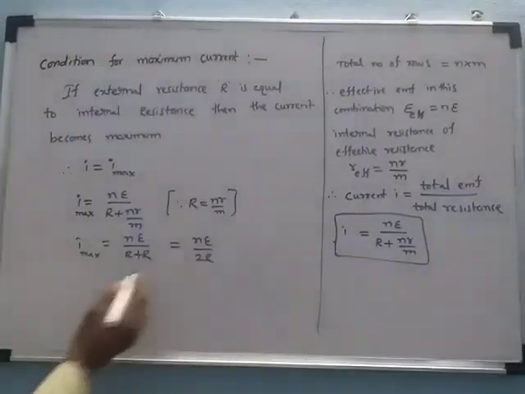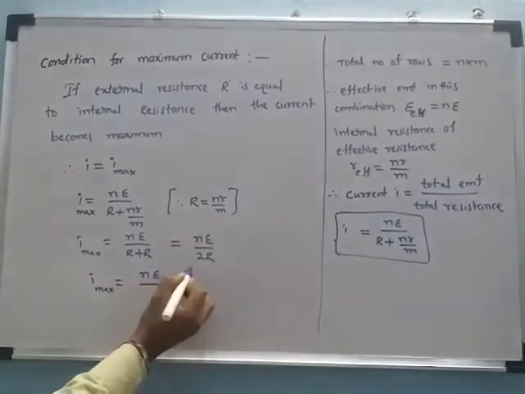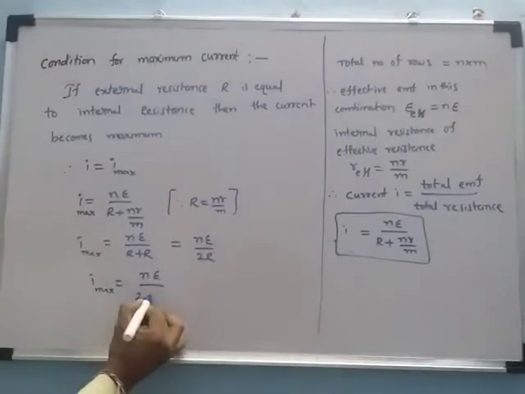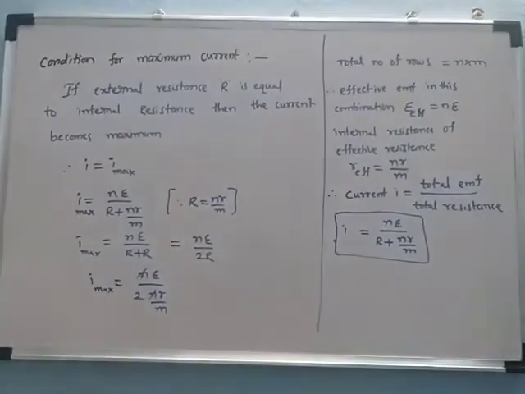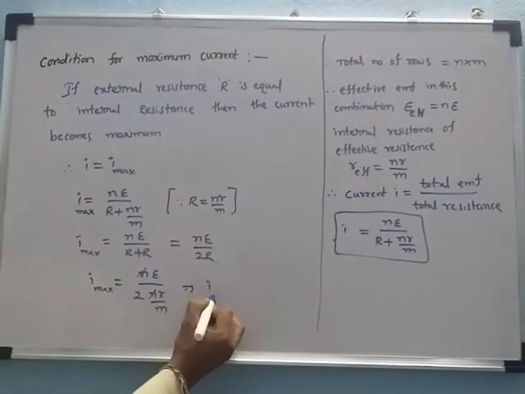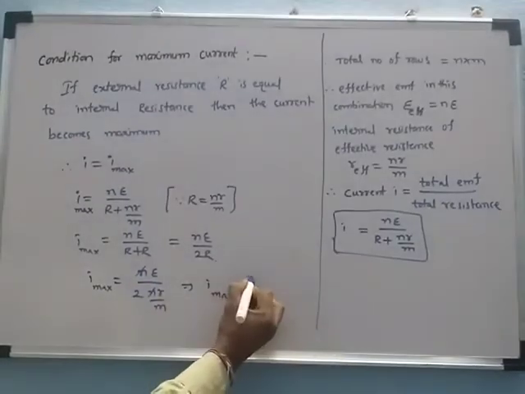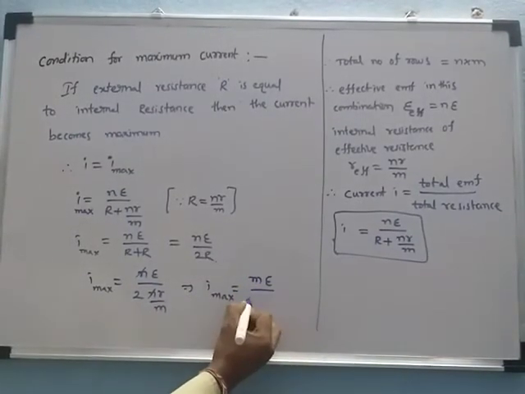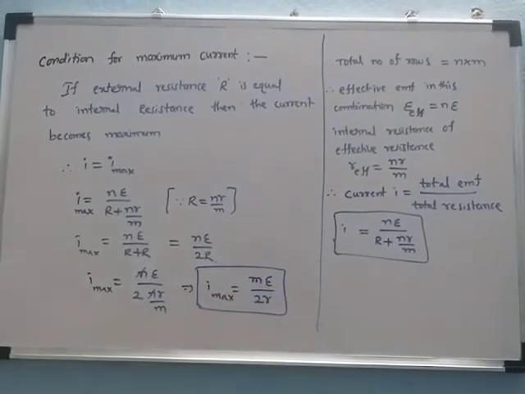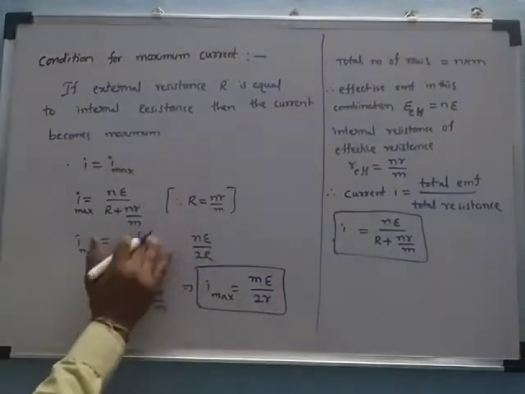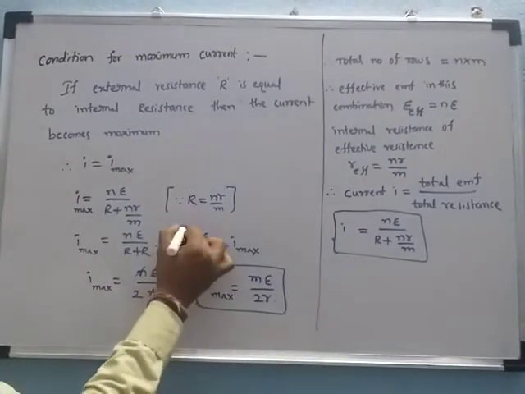Then we can substitute: I maximum is equal to n into E by 2 into n r by m. Here n gets cancelled. Then I maximum is equal to m into E by 2 into r. This is also a formula for the maximum current.